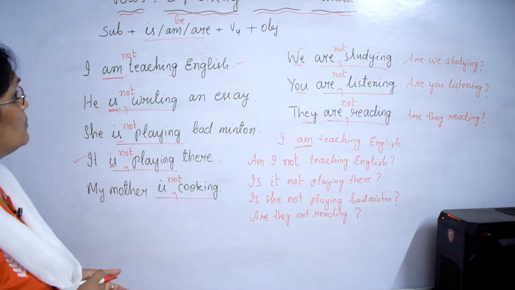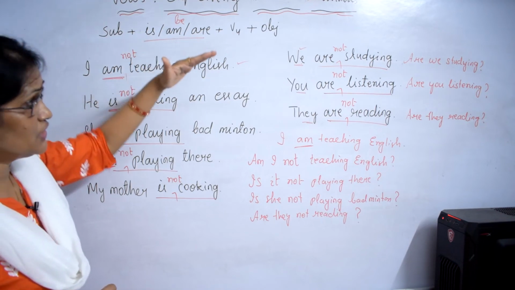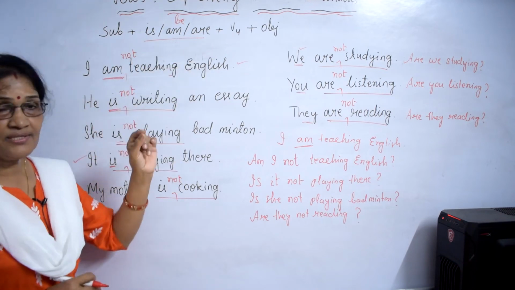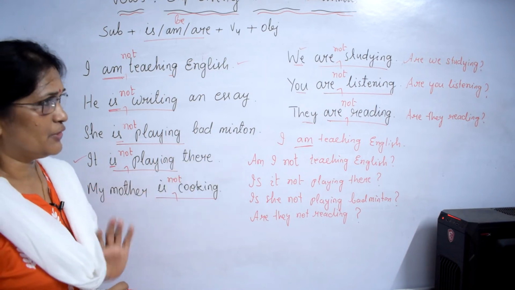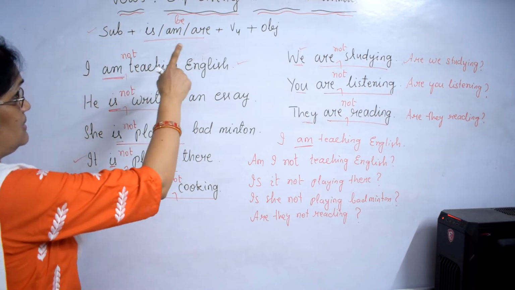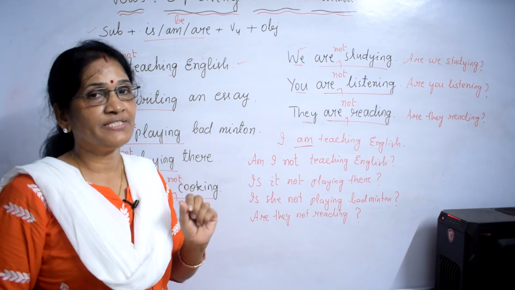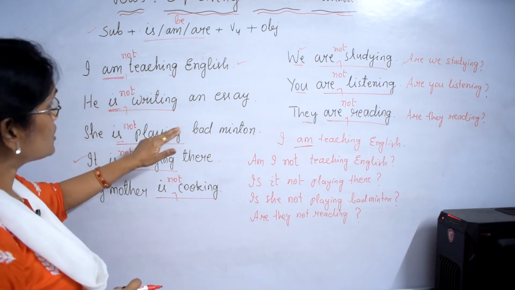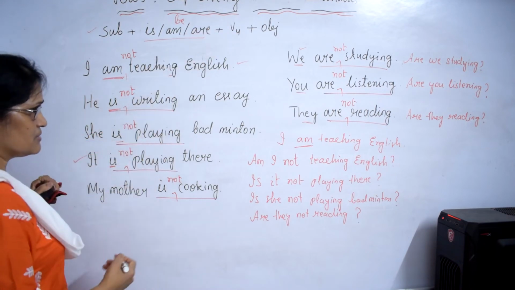So we can know how to write a sentence in present continuous form, how to change the sentence into interrogative, negative and negative interrogative. So this is the structure of an affirmative sentence of present continuous. So what is the structure of negative present continuous? That will be what?